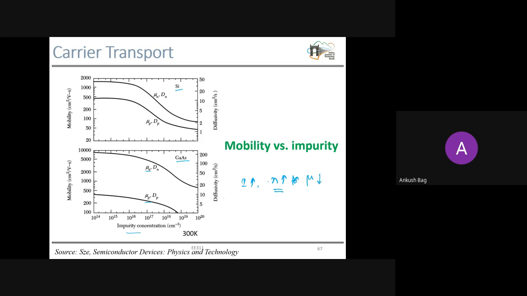So you don't know whether by increasing the carrier concentration you will overall get higher current or not, because if we increase the carrier concentration, your mobility may degrade. Then you may not get higher current. Obviously there is some trade-off. Why this is happening, we also need to discuss.